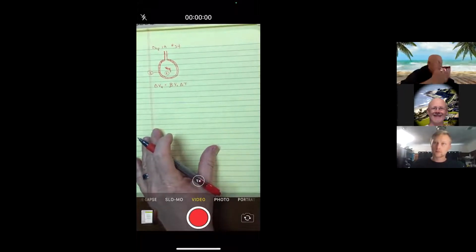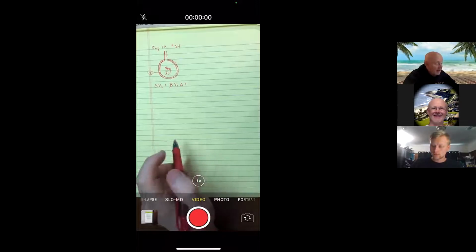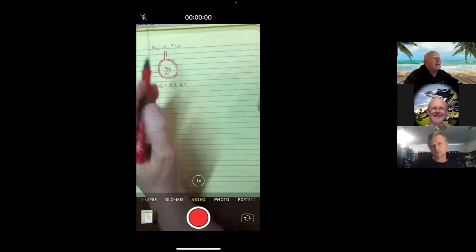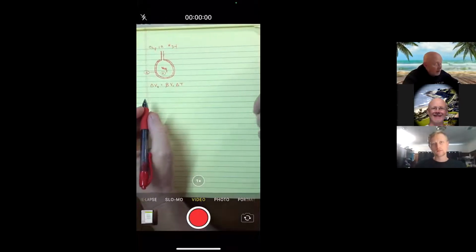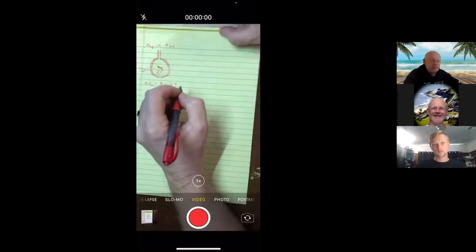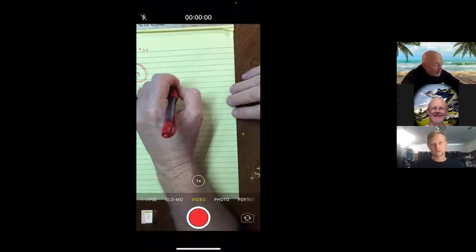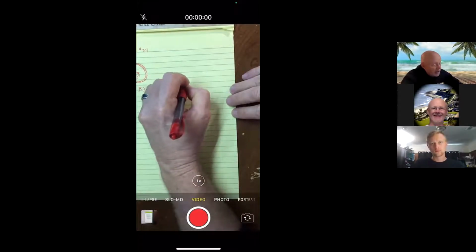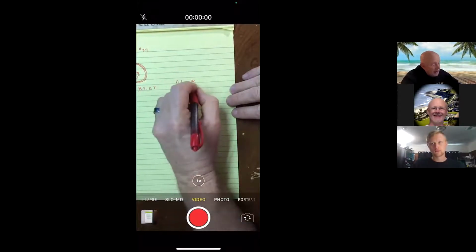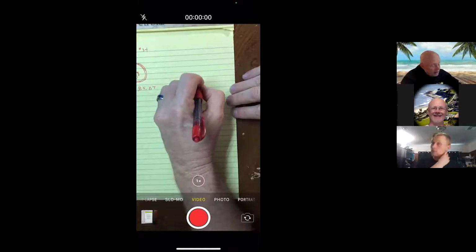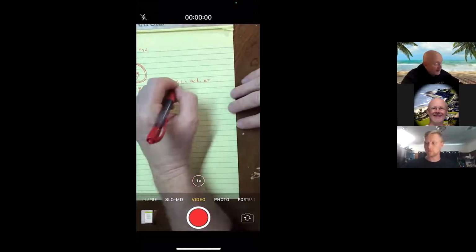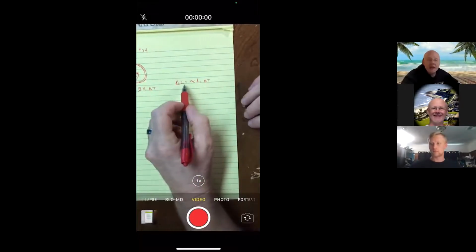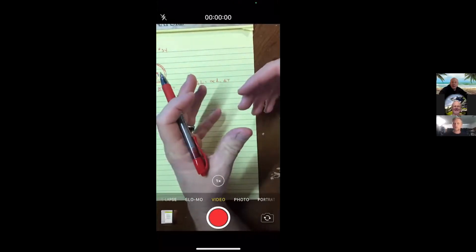Now, for solids, and I'm going to take the outside container to be a solid, the change in length is alpha, that's why it's called the linear expansion, times the initial length, times delta T. And if you have a container, it's going to have a length, a width, and a depth to it.